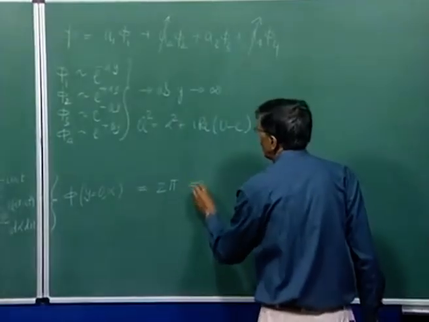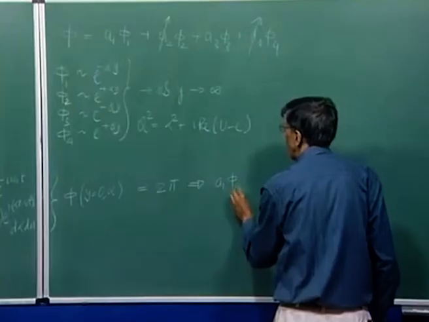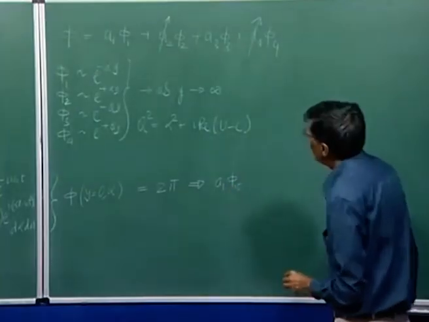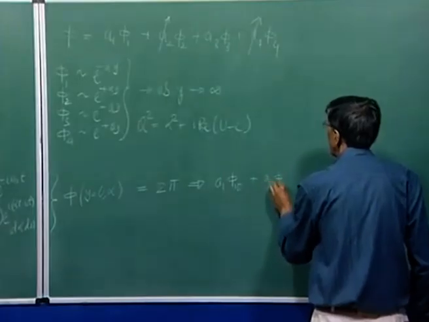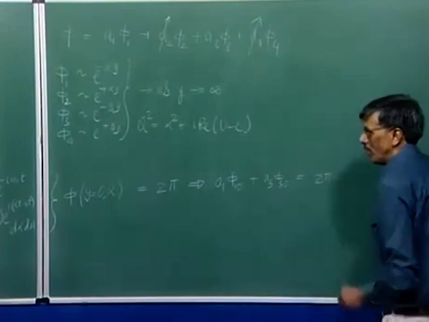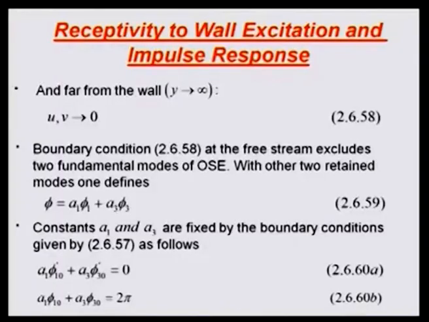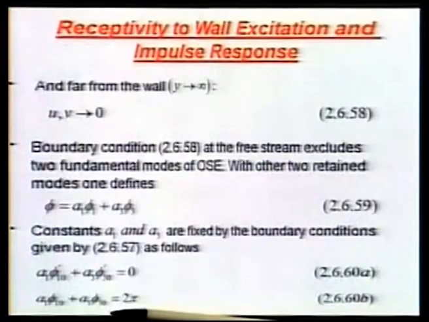So, this would give you A1 phi 1(0) plus A3 phi 3(0) should be equal to 2 pi. That is what we have written here, this equation. The last equation is that.